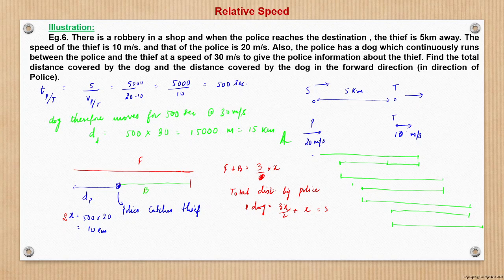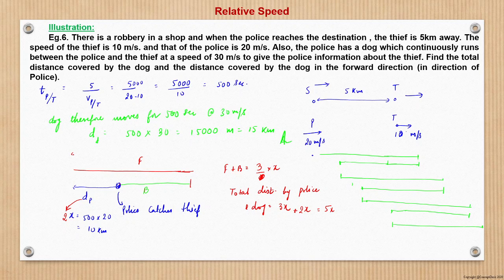So this becomes more intuitive now. So total distance covered will be 5x. So if this distance covered by police is 2x, then the distance covered by the dog will be this forward plus backward movement, that becomes 3x, to make it in a ratio 3 is to 2, that is the ratio of the speed of the dog to police. So now total distance is 5x.